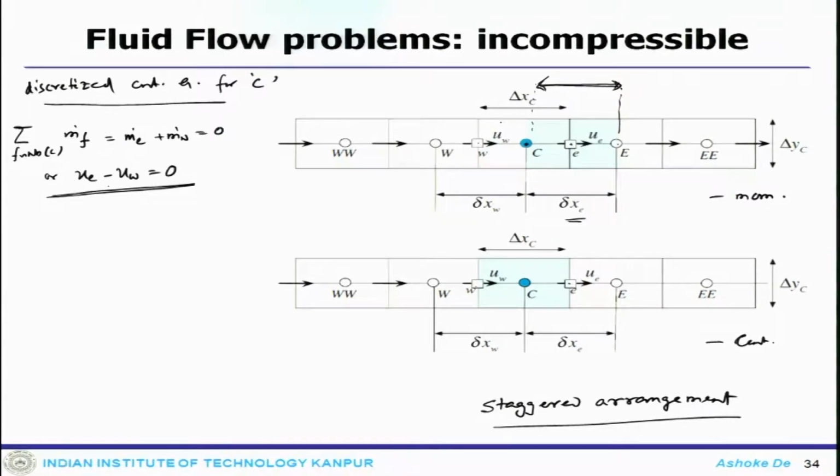For scalars this is the control volume, and when you talk about the velocity, the control volume is going to be this. So, they are shifted by a small delta.